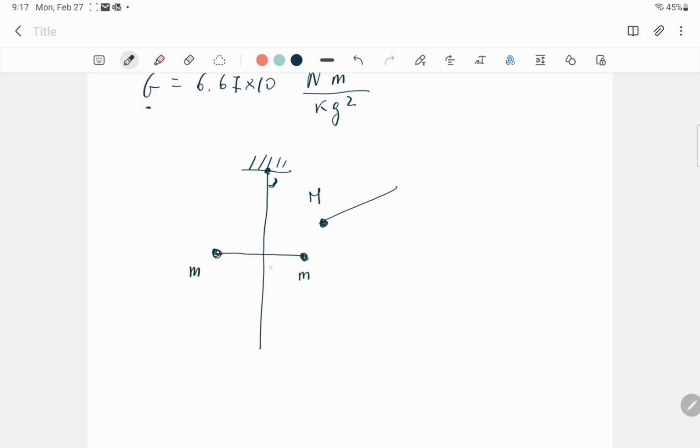Or if you want to leave this one in place, this is the angle that you're looking at, whatever you prefer. So as time passes, those two masses will try to get closer to each other.